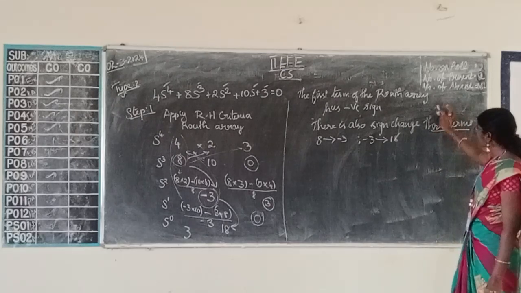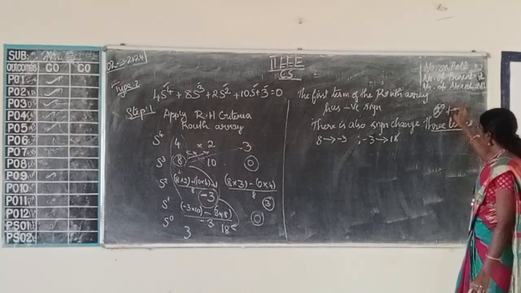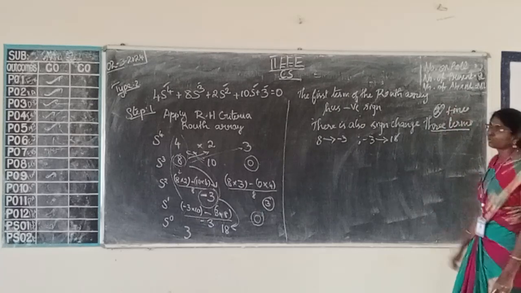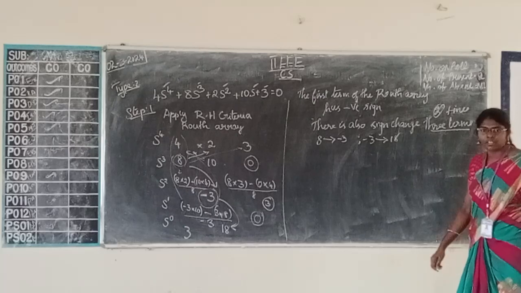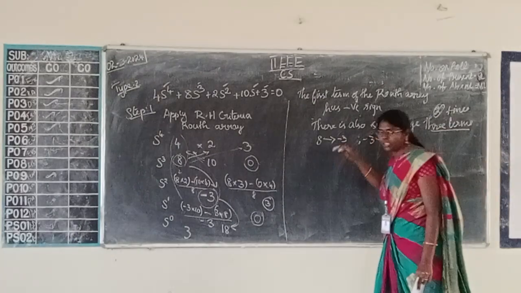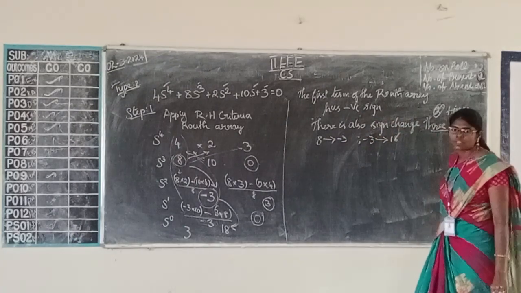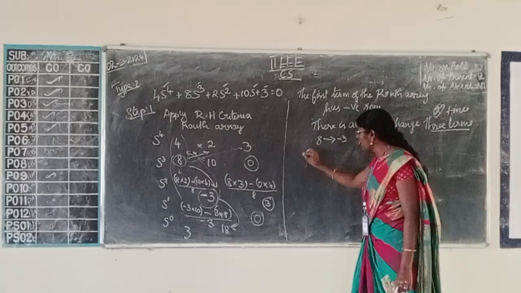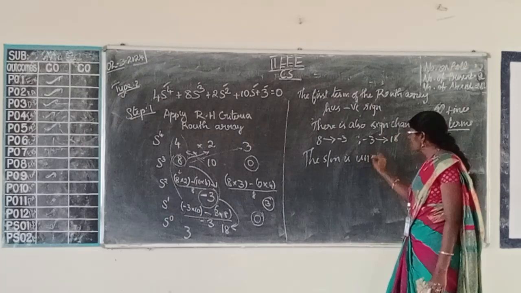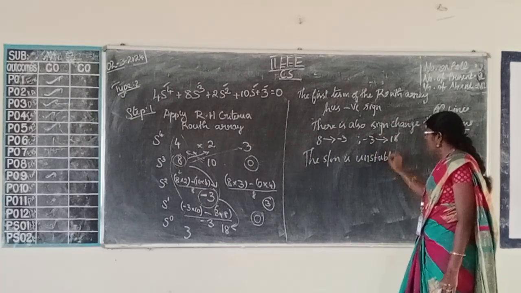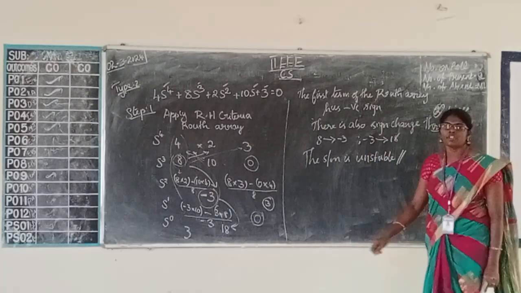If sign changes happen, we have to conclude that the system is unstable. That is the conclusion we have to make.